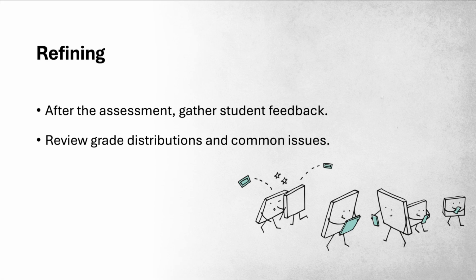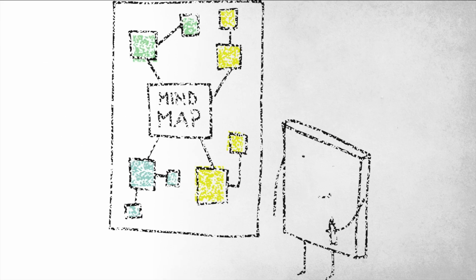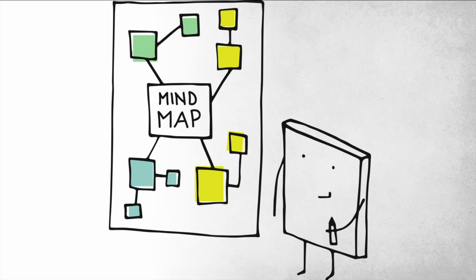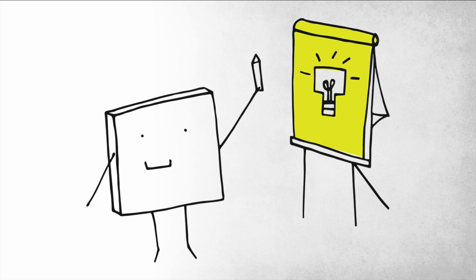Review their grades and any patterns, any recurring issues, and most importantly, speak with colleagues about their experiences, because their insights can highlight challenges or strengths that you might not have picked up on. Use this information to adjust any potential issues and strengthen the assessments and tasks for future cohorts. This is all about continuous improvement, and it helps to ensure your assessments remain clear, fair, and effective for the students.